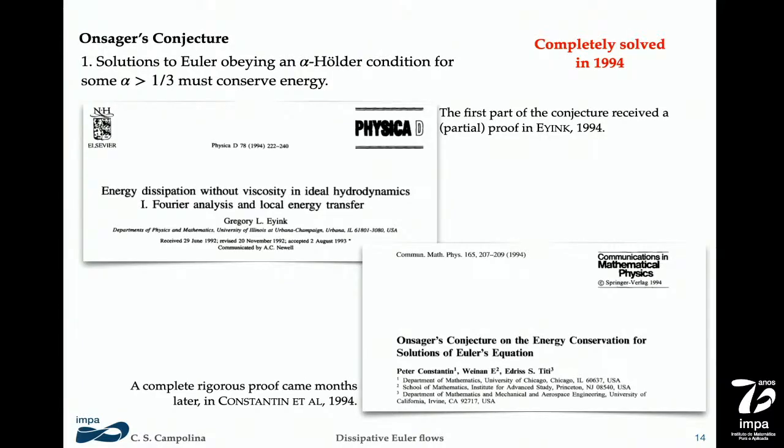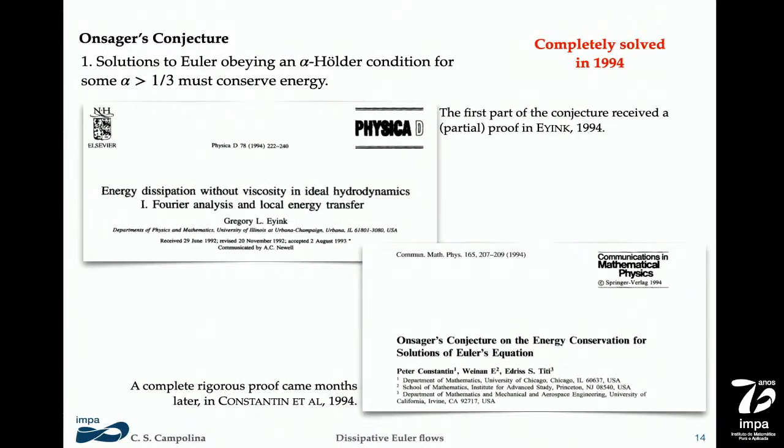But a complete rigorous proof came only months later by Constantin, E and Titi, also in 94. It's a complete proof, established through estimates in Besov spaces. They make all the definitions of the spaces, perform some estimates, and prove that if we have that threshold of alpha greater than 1/3, then solutions are conservative.